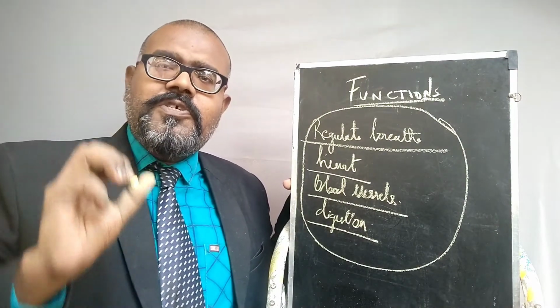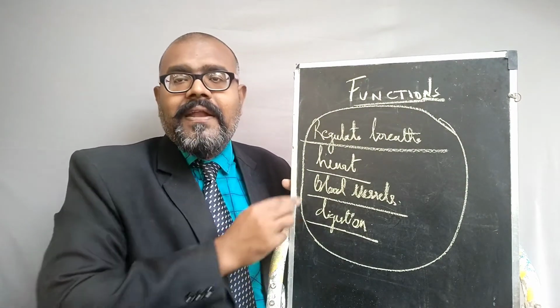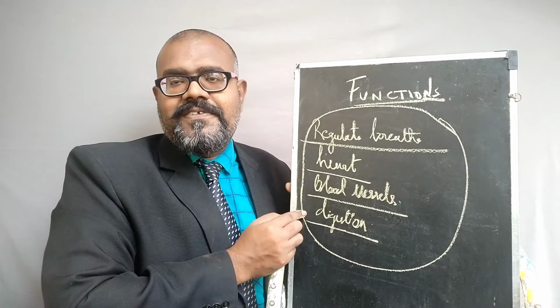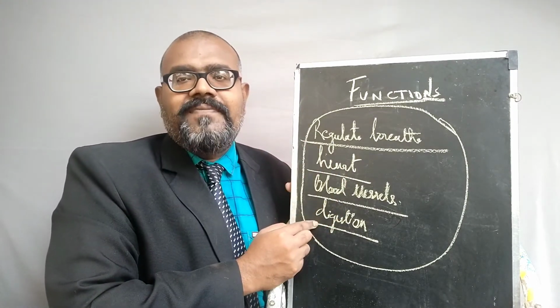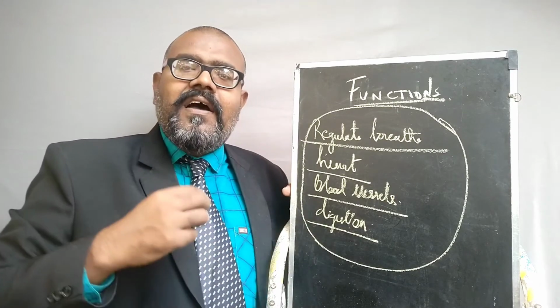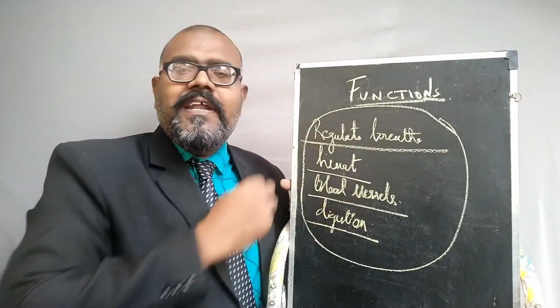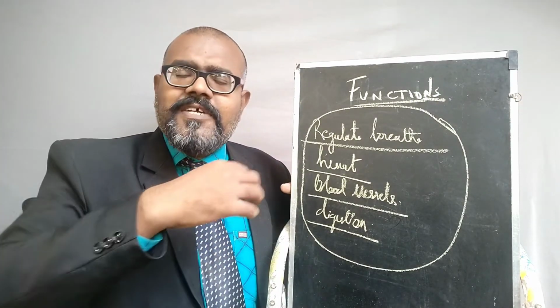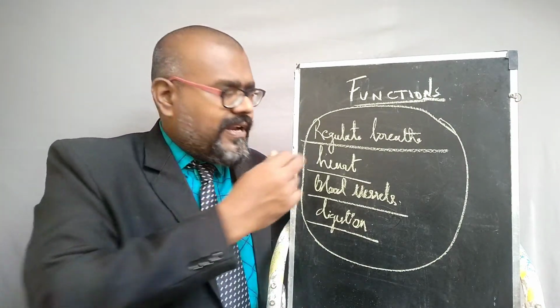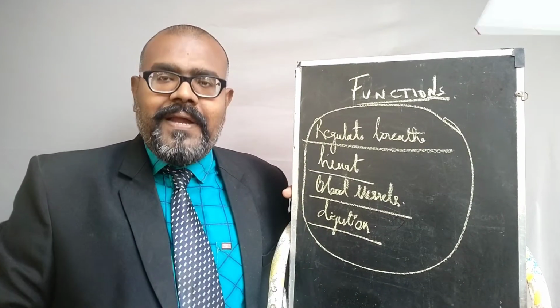This is the smallest portion of your human brain, but it does so many functions, especially circulatory function, respiratory function, and digestion functions. Because of this respiratory regulation only, we attain some of the sneezing. So all the respiratory related initiations happen by this particular medulla oblongata.